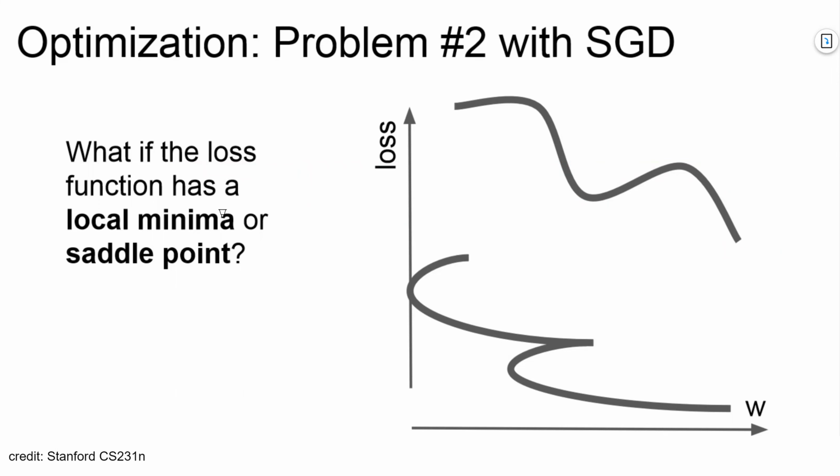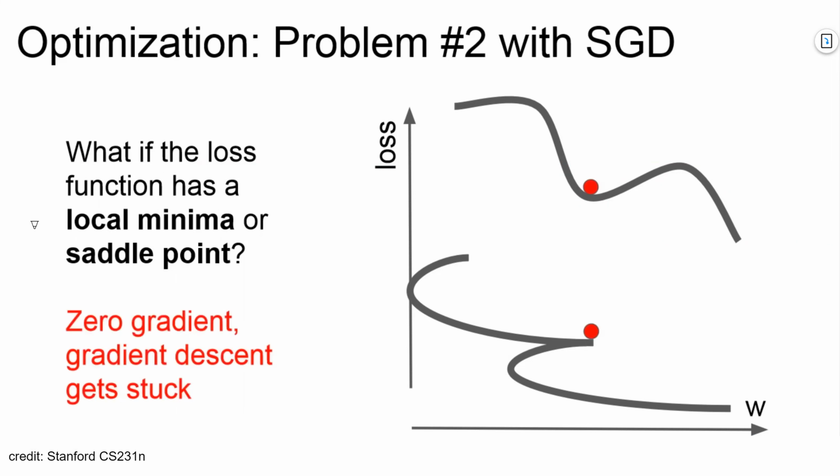The second problem with stochastic gradient descent is that the loss function has a local minima or saddle point. But these two problems are not just for stochastic gradient descent, but also for other optimization algorithms. In this case, saddle point and local minima both have zero gradient, and gradient descent gets stuck at these points.